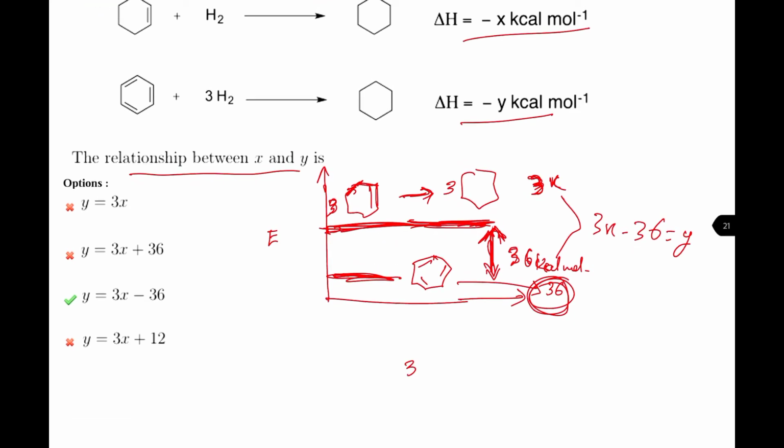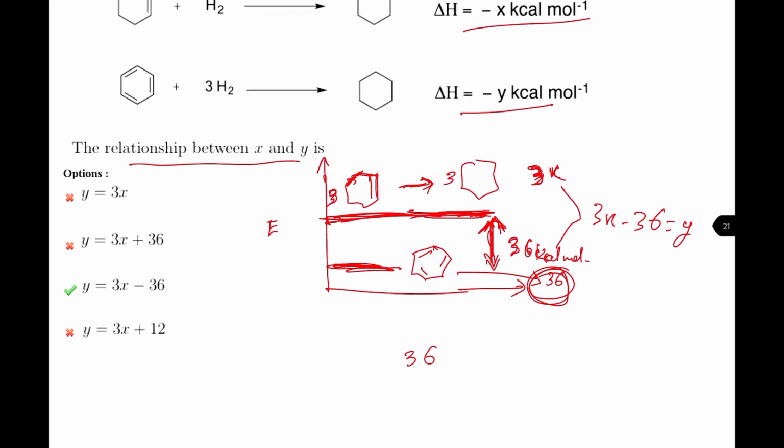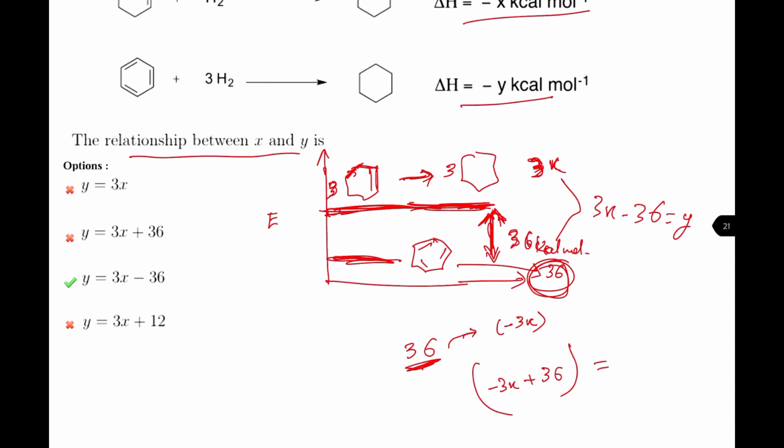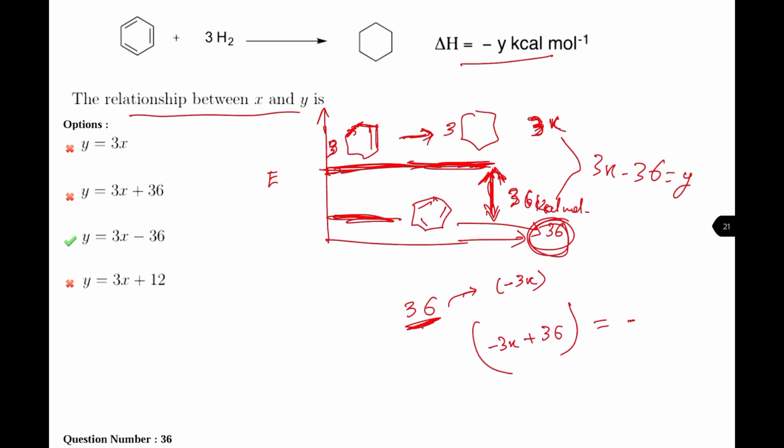Therefore if you give 36 kilocalorie per mole, this much energy, then it will finally become a cyclohexatriene, it will just lose its resonance energy, but then again when you hydrogenate, how much energy will be released after hydrogenation? Minus 3x. So if you take minus 3x plus 36, which is the total energy released, which will be minus y.